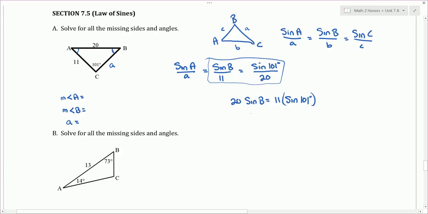And then I'm going to divide by 20 and get the sine of B is equal to 11 times the sine of 101 divided by 20.